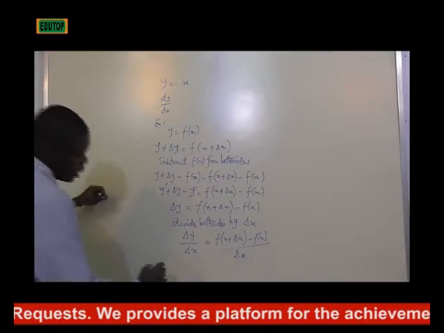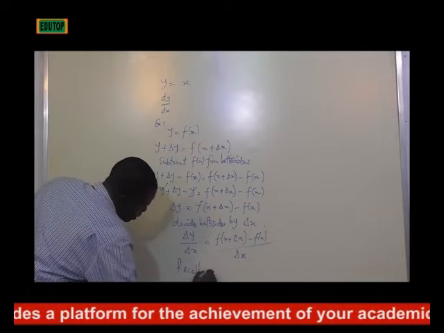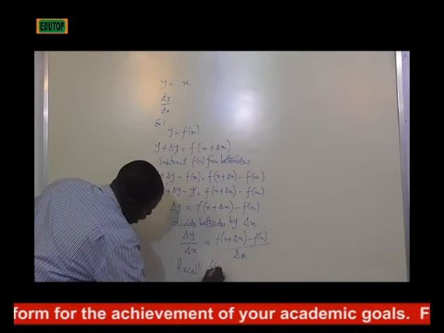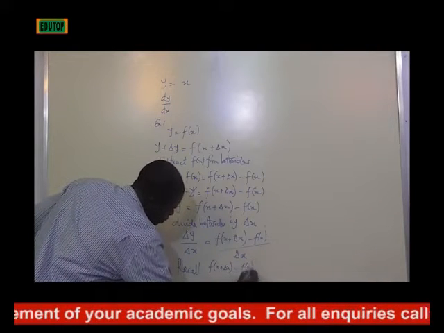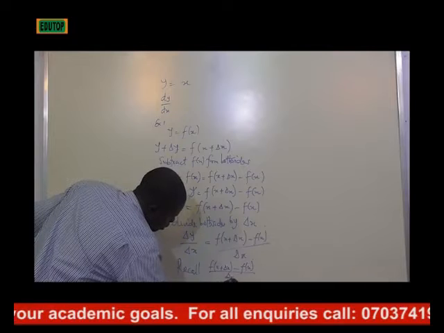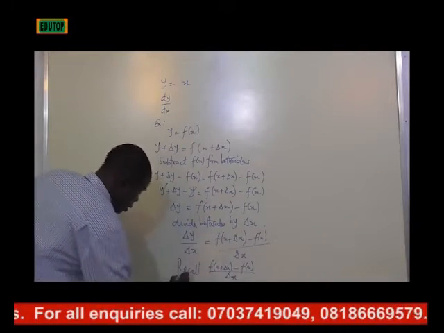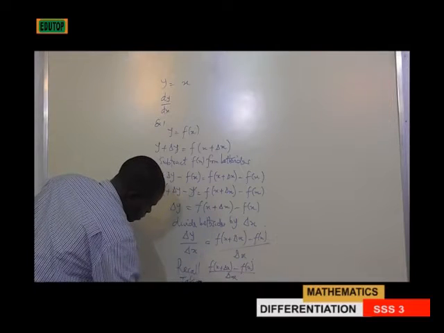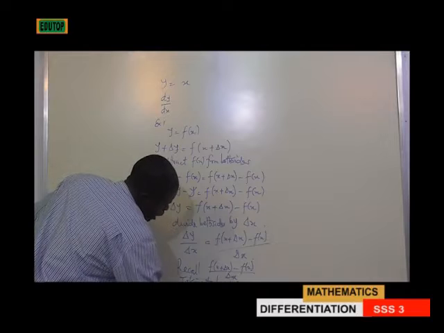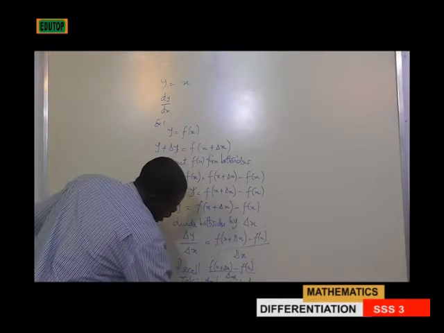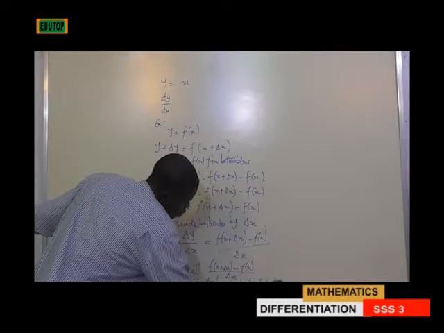Now, it should be noted, or you need to recall, that f of x plus change in x minus f of x over change in x, you take the limit as change in x tends to 0.